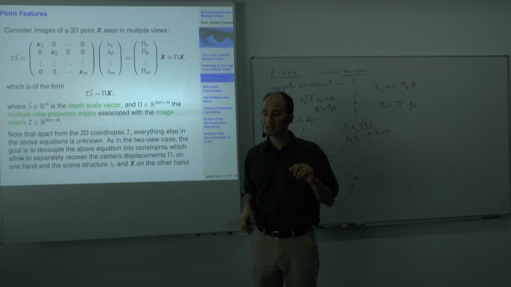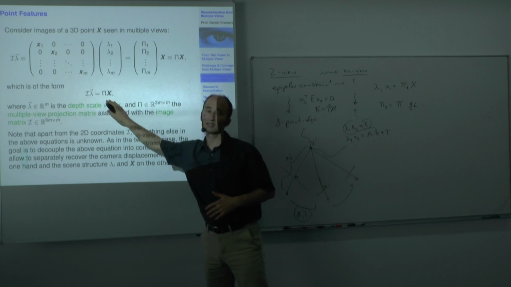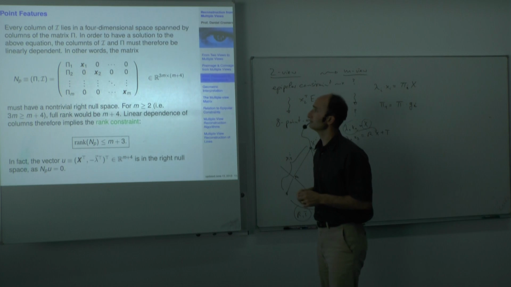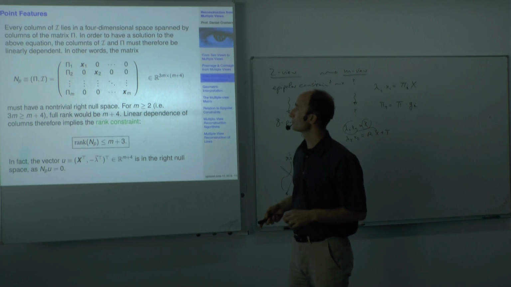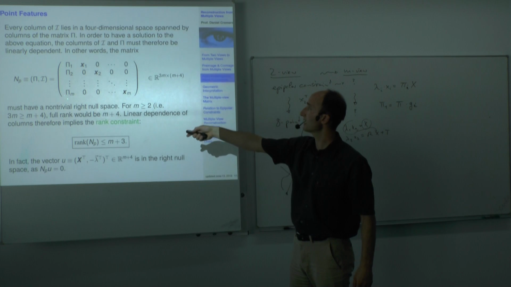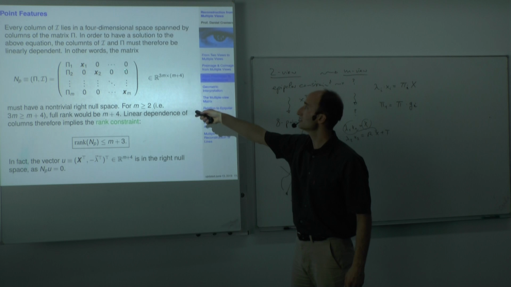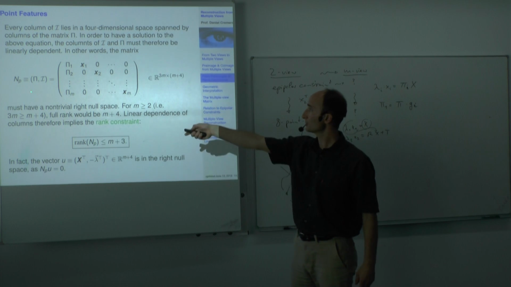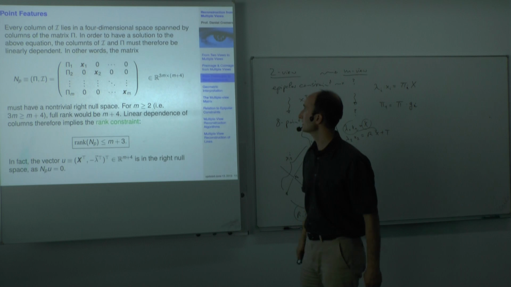And we'll apply similar transformations to this matrix system. First of all, we stack together the projection matrices, pi 1 through m, and this observation matrix, the image matrix, we called I. So pi and I, we stack that together.